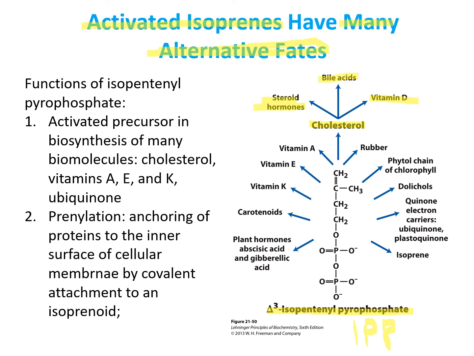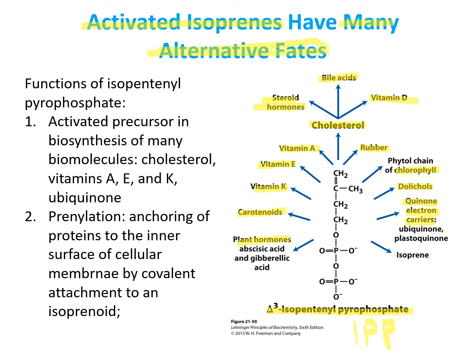Apart from cholesterol, this IPP can be used to make different vitamins in the body, vitamin A, E, and K, different carotenoids, and some plant hormones as well, not in humans. And it can be used to make rubber, the phytol chain of chlorophyll, which is the main pigment-forming molecule in plants, dolichols, and quinone, an important one regarding humans, which is an electron transport carrier.